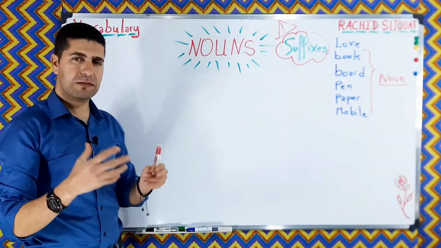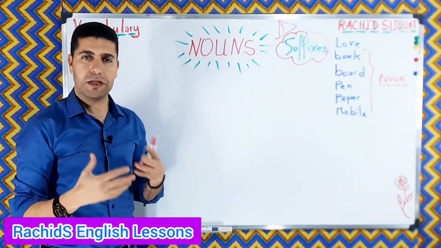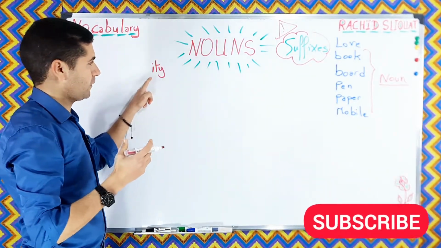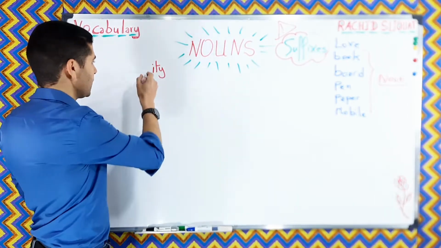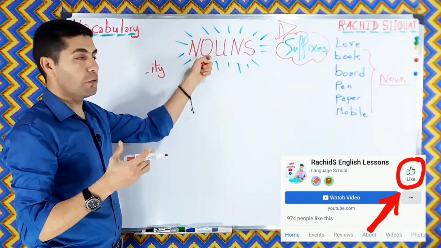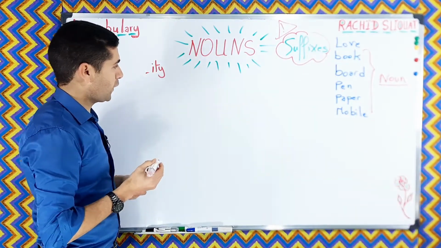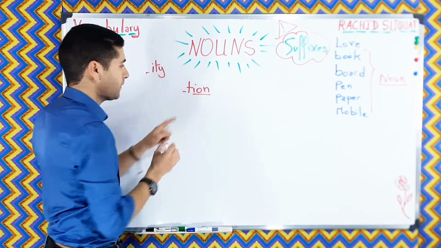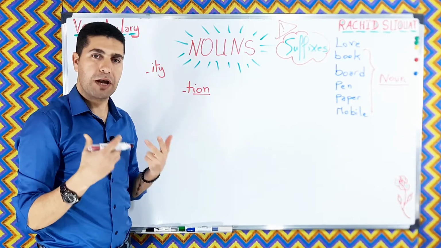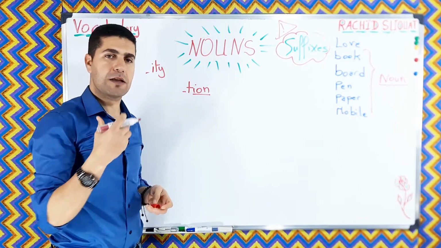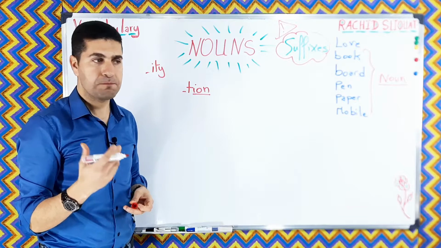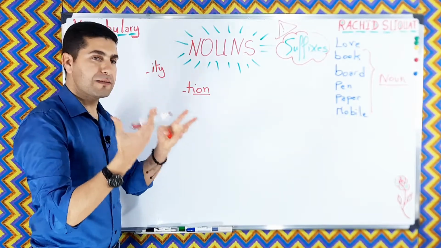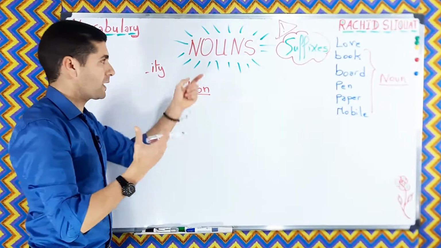Some of the suffixes that we can use to make nouns are, for example, ety, and tion, or maybe only ion, which we pronounce shin, like in communication or motivation.